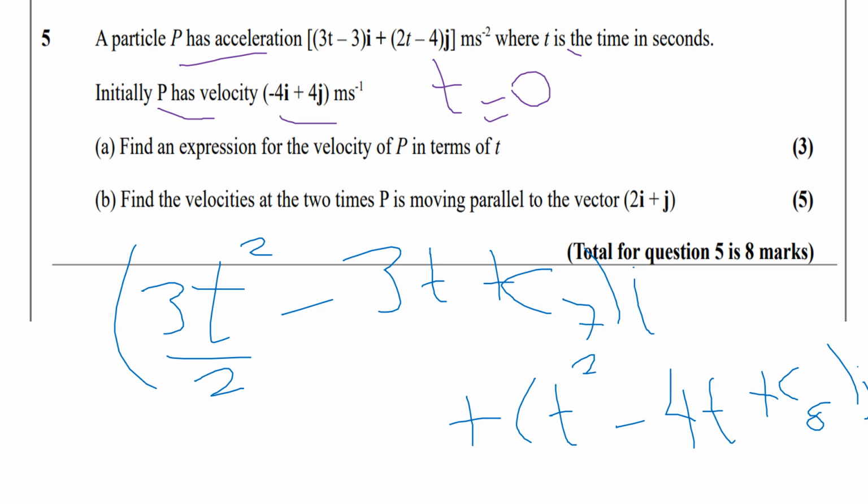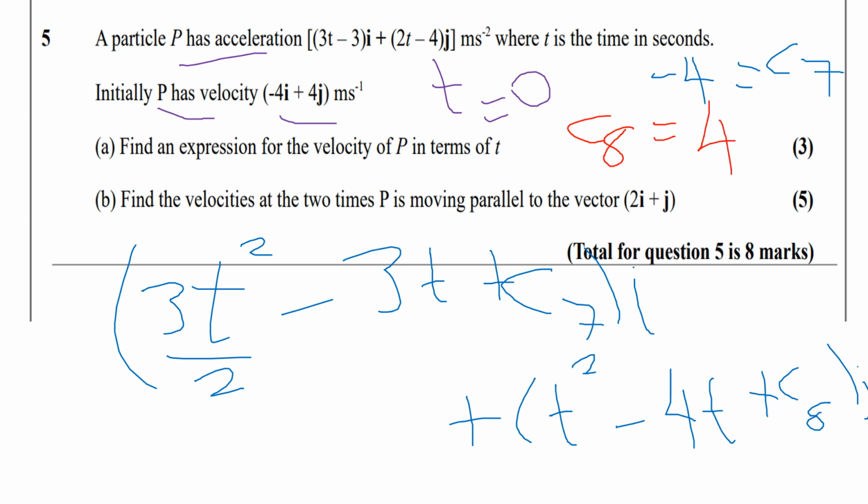So compare coefficients. Put in t as 0, so that will be 0, that will be 0. We get minus 4 equals C7 when you compare the coefficients of i. And then when you compare the coefficients of j, t is 0, so C8 is going to equal positive 4.